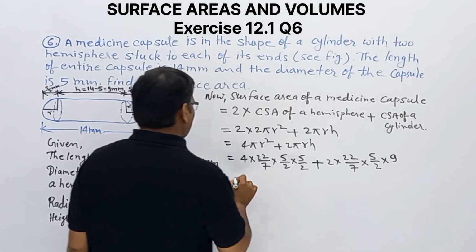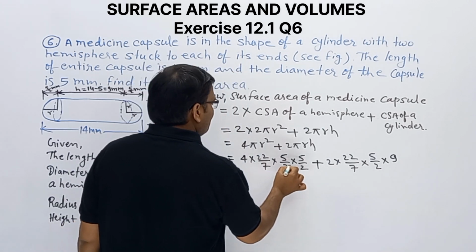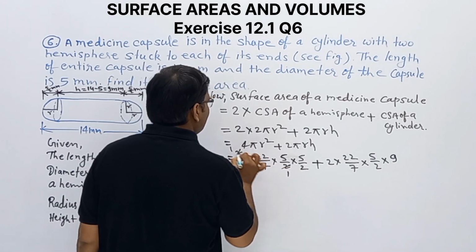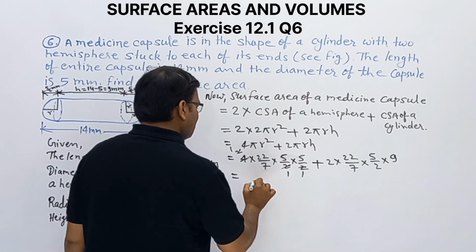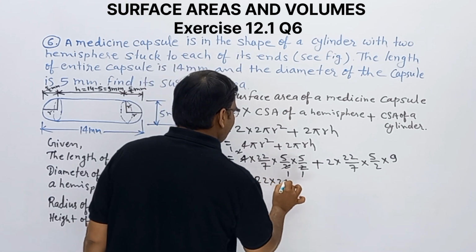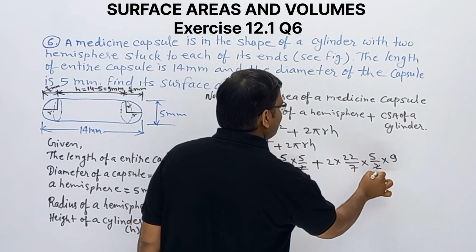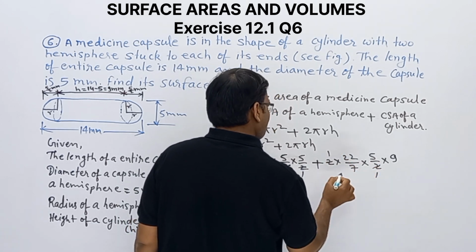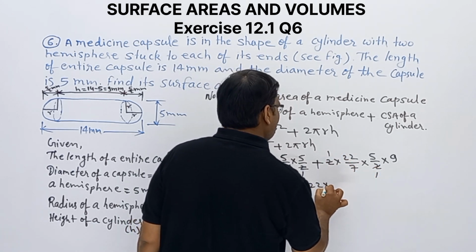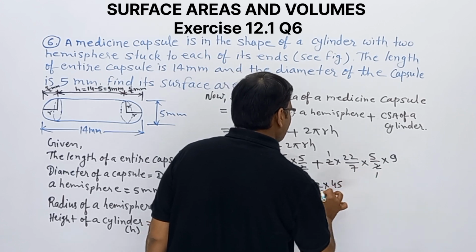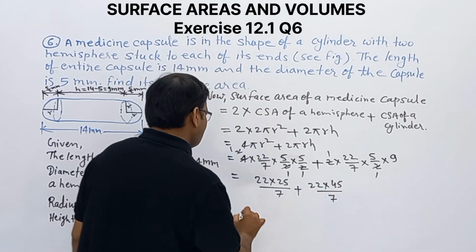Clear? Now solve only. 2 1 ja 2, 2 2 ja 4, 2 1 ja 2, 2 1 ja 2. So this will be what? 22 into 25 divided of 7 plus 2 1 ja 2, 2 1 ja 2. What is remaining? 22 into 9 5 ja 45 divided of 7. Solve.